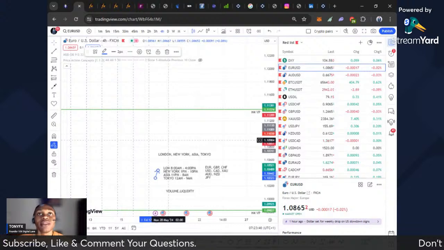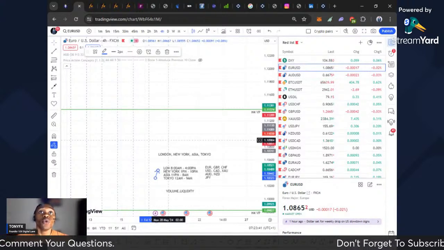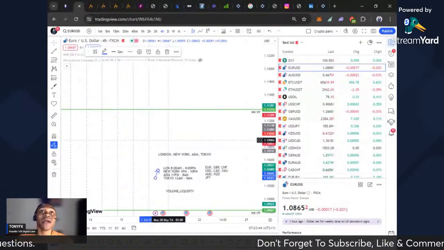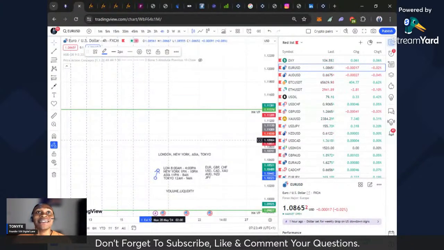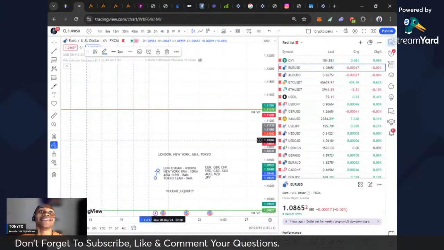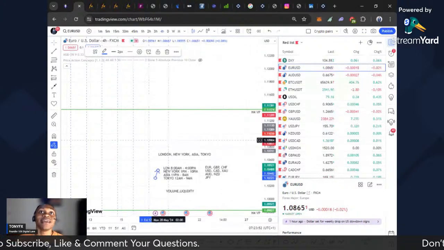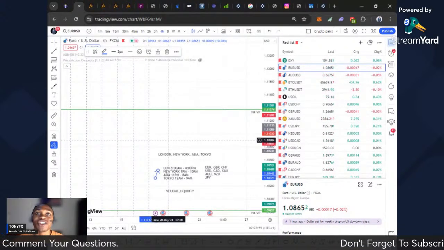Let me phrase that again. The highest volume is when there is an overlap of banks in two different regions open at the same time. For instance, the London and New York session overlap.